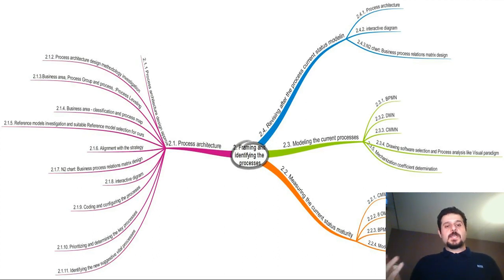Probably you will find processes that should be removed, or you will find a goal that doesn't have any process behind it. You should create, give birth to, new processes. To determine the relation between the processes, you can use the N2 chart. The N2 chart is a matrix. You can search about the N2 chart or DSM.